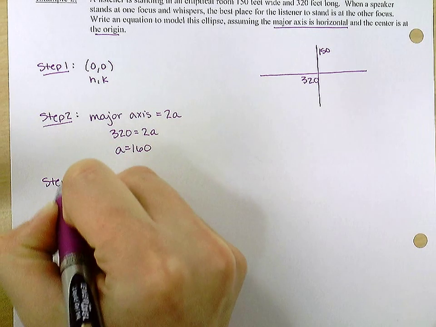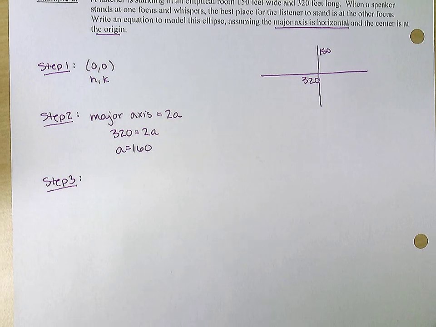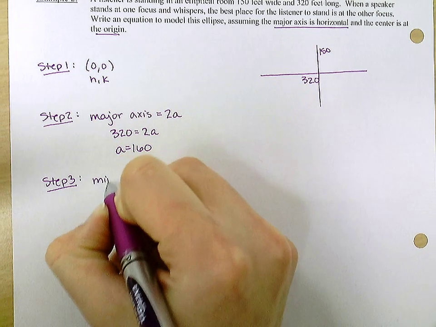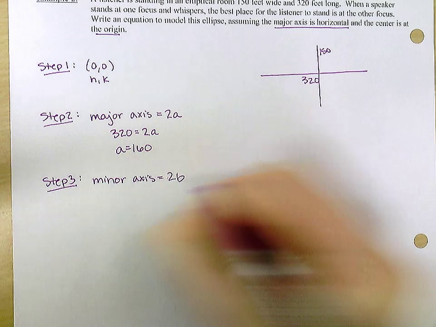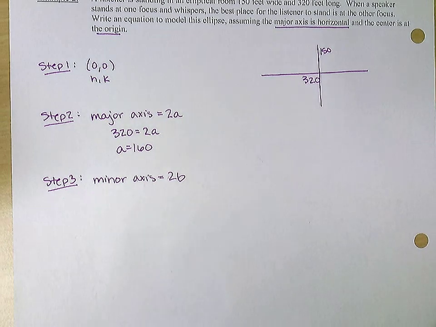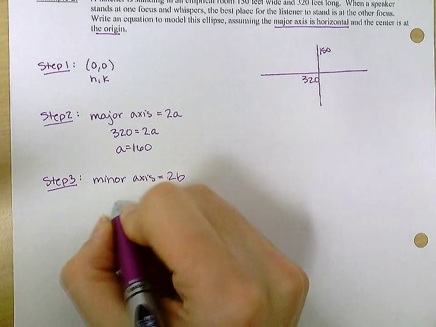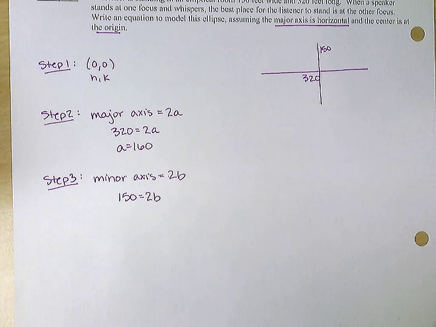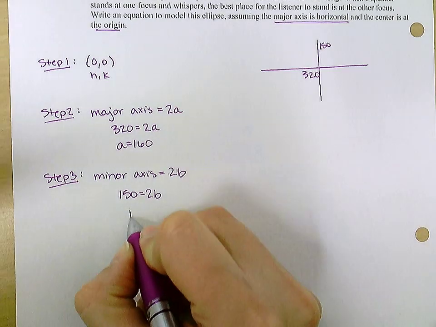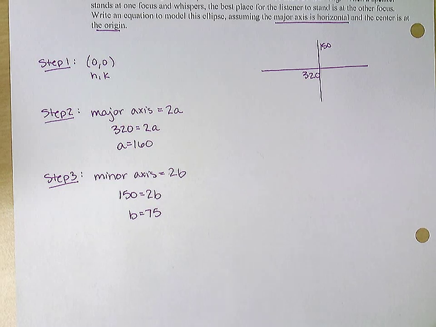Step 3 is to find b. To find b, you will use the minor axis, since it is equal to 2b. Your minor axis is 150, so we want to divide that by 2 to get b is 75.